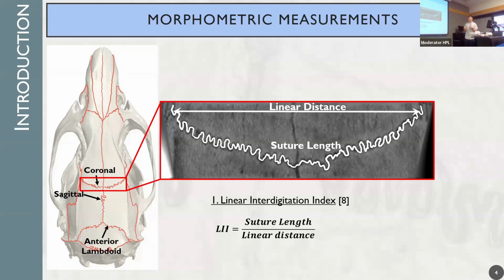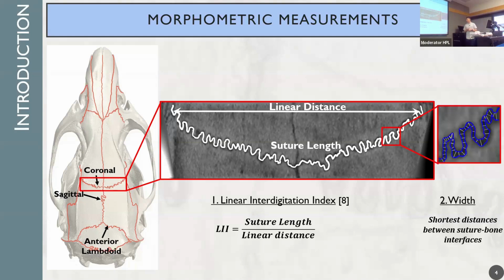It's defined as the ratio between the suture length along its core path and the linear distance between suture ends. The next one is the suture width, the shortest distance between opposing suture bone interfaces.